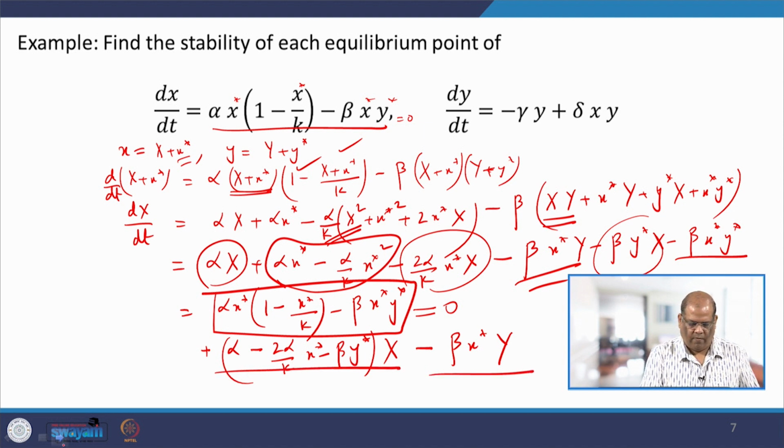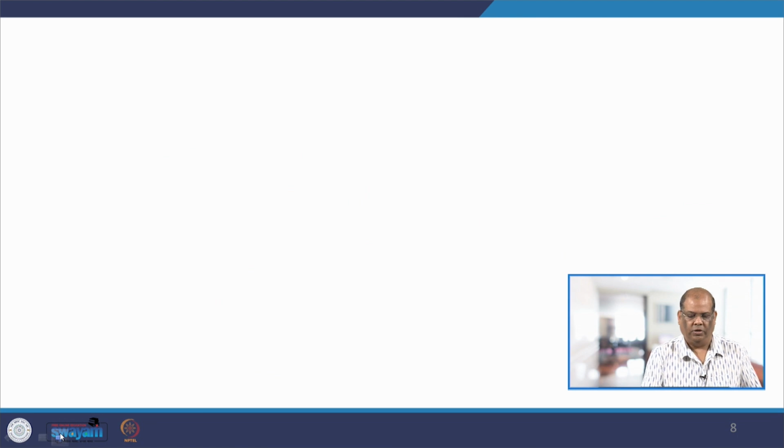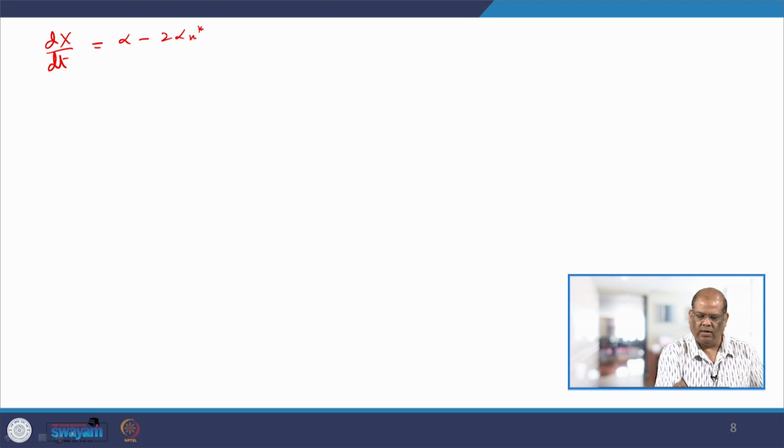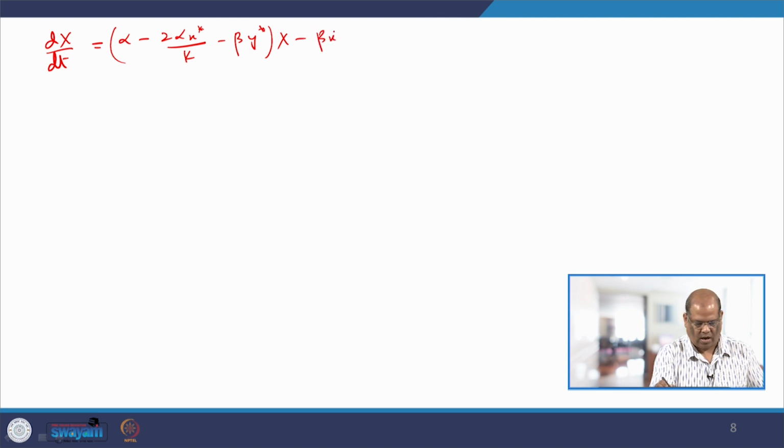Now, let us simplify the second equation. So, for the dx dt, you are left with alpha minus 2 alpha x star by k minus beta y star into x, minus beta x star into y.